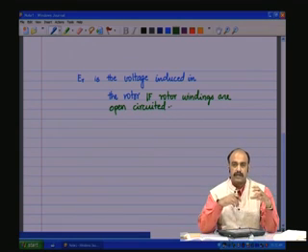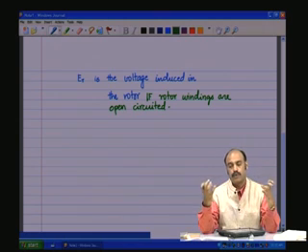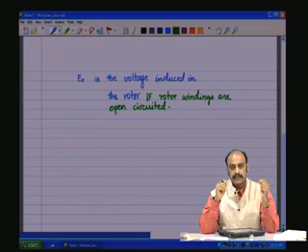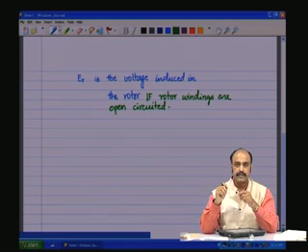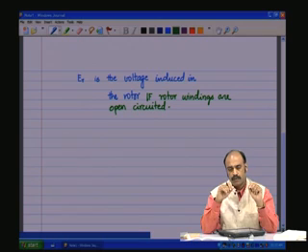Means in the case of the squirrel cage motor, the end shorting rings, you open them, then the rotor windings are open circuited. Or in the case of the wound rotor, the slip rings, the brushes are removed from the slip rings and the slip ring portions are opened out.